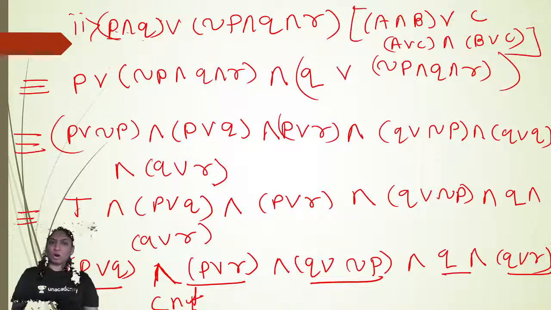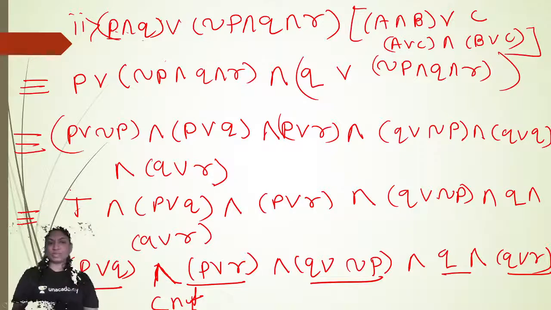So here P or negation of P and Q and R, and Q or negation of P and Q and R. Again here we will use the distributive law: P or negation of P, and P or Q, and P or R, and Q or negation of P, and Q or Q, and Q or R. Now here P or negation of P is always true.